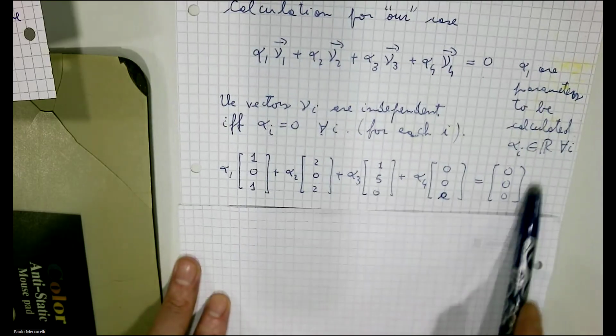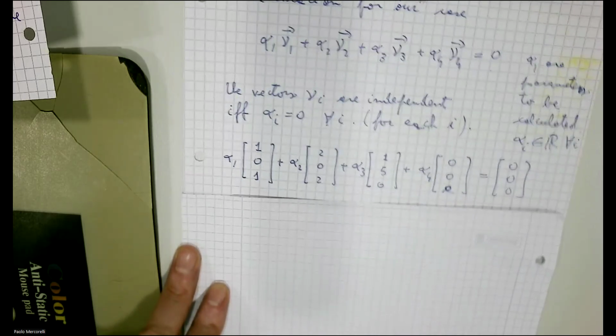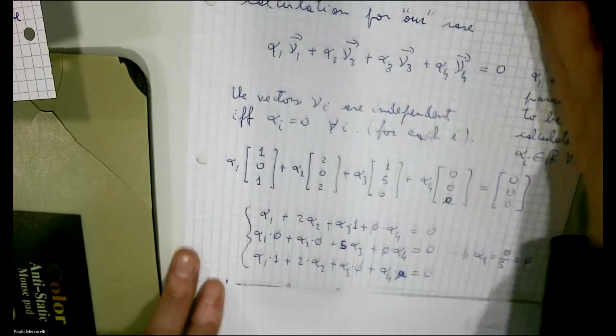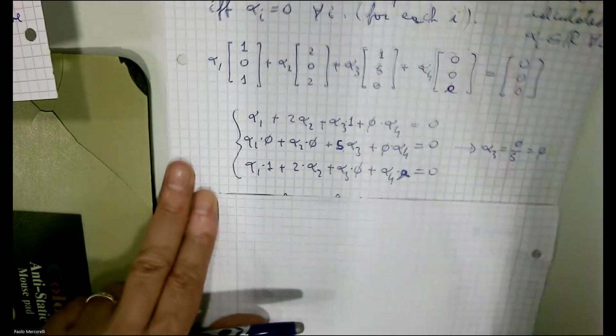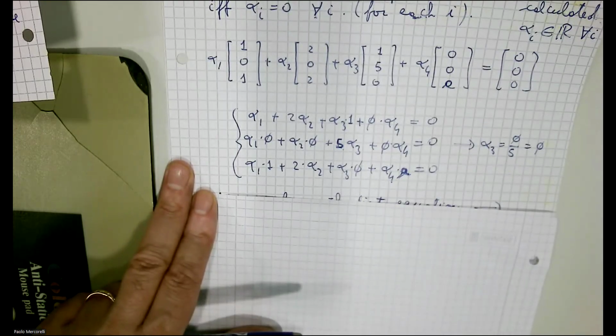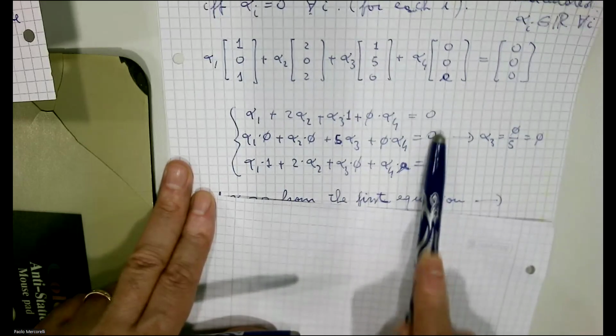Here I explicitly substitute the values for V1, V2, V3, V4, and then I have a very boring algebraic system.